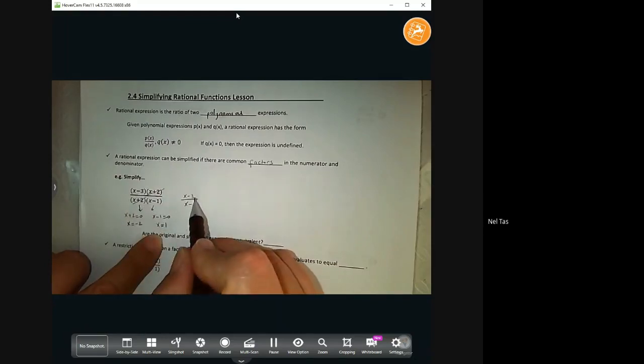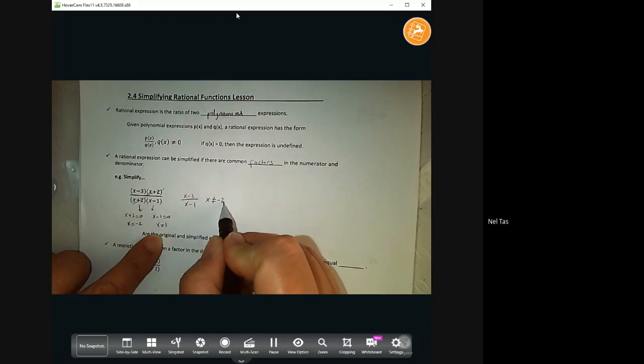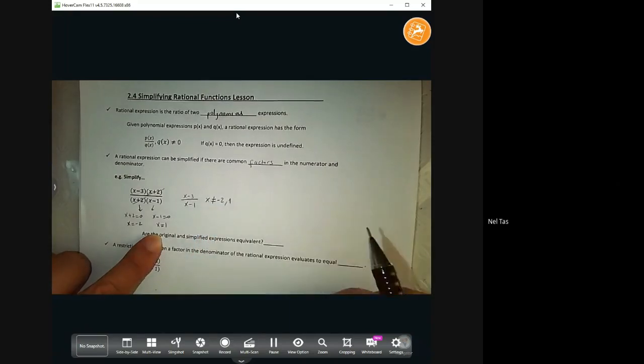So when x equals negative 2, the denominator becomes 0. And when x equals 1, the denominator is also 0. So you can express this rational expression as x minus 3 over x minus 1. However, you have to state the restriction saying that x cannot be negative 2 and x cannot be 1.